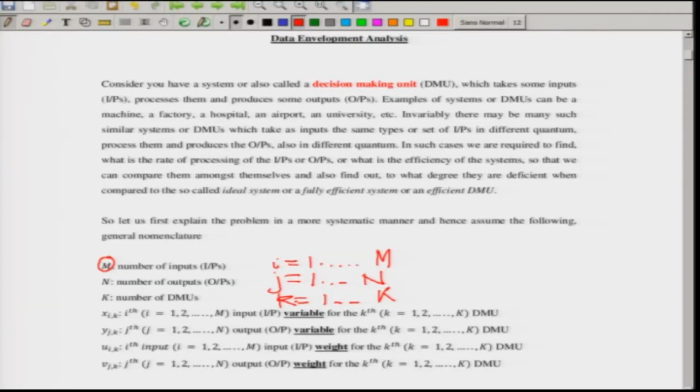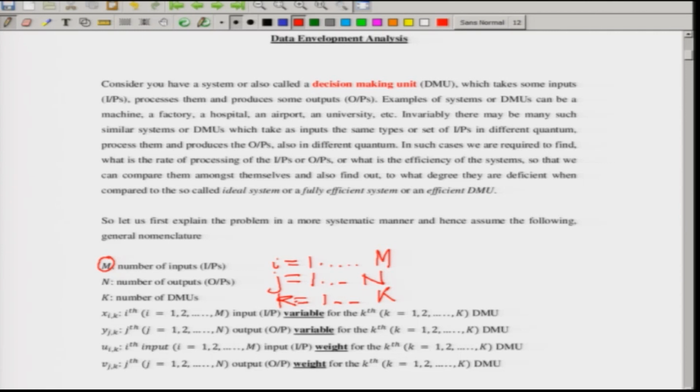We will also denote u_ik and v_jk as the ith input weight for the kth DMU and the jth output weight. These are the weights, so u and v are the weights. v_jk is the jth output weight for the kth DMU.